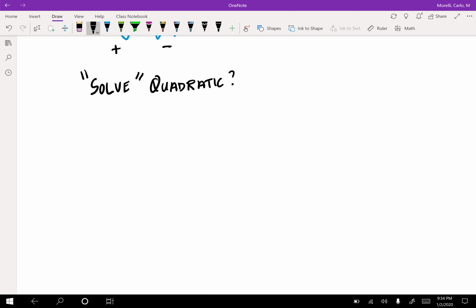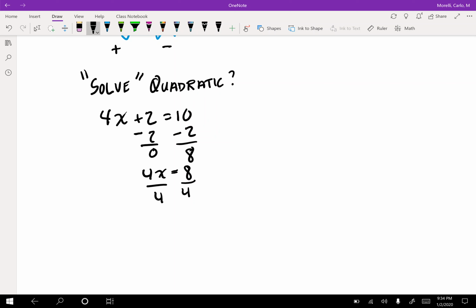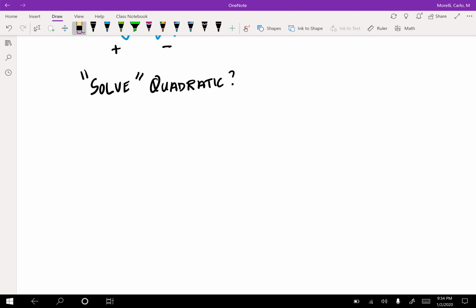Here's what it doesn't mean. 4x plus 2 equals 10. We solve this equation, subtract 2 from both sides, and then you'd have 4x equals 8. Divide both sides by 4. X equals 2. Okay, that's not what we mean here. It's different. So, what do we mean?